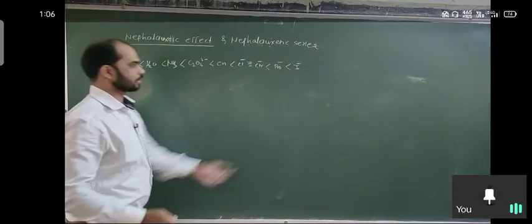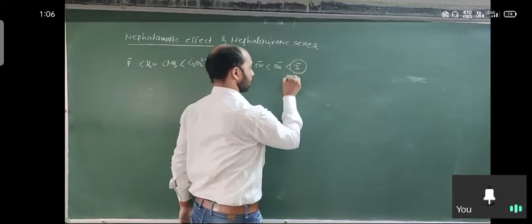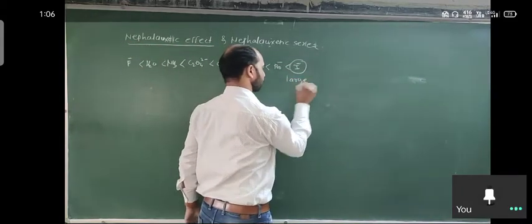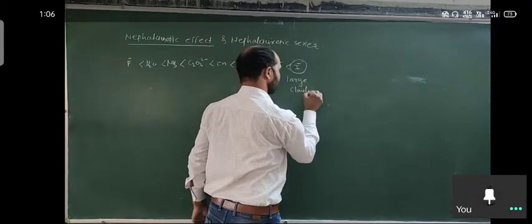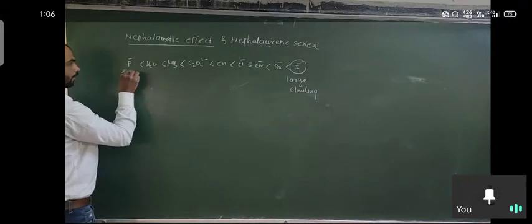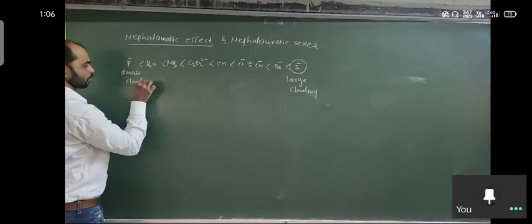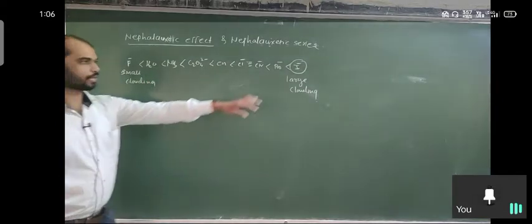It is the increasing order, meaning this end shows large clouding and this end shows small clouding. Larger clouding is due to iodine.